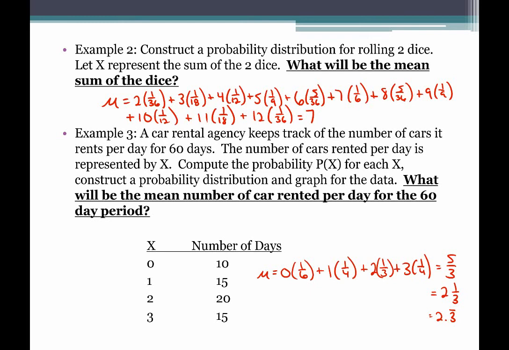In a minute, I'll unfreeze my screen. Just make sure you guys have a chance. Again, if you don't want to simplify, like the probability for 0 cars is 10 out of 60, if you want to leave 10 out of 60, that's okay. I ask that you simplify your final answer. What you simplify along the way is totally up to you.